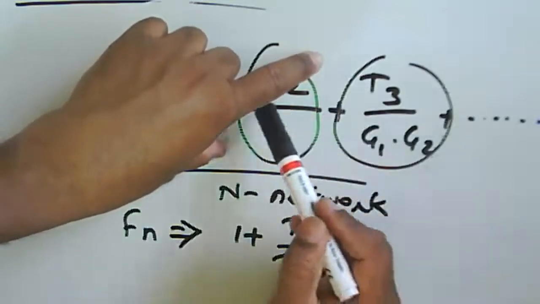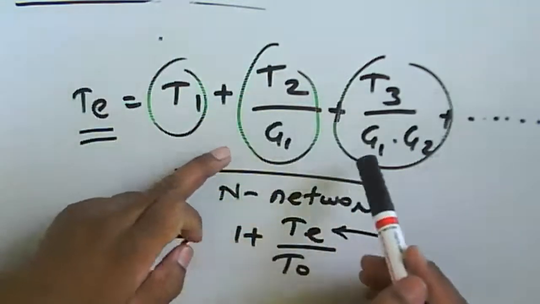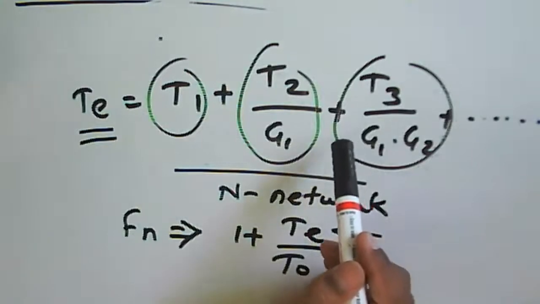We can minimize the effect of T2 and T3 by increasing the gain of each component.